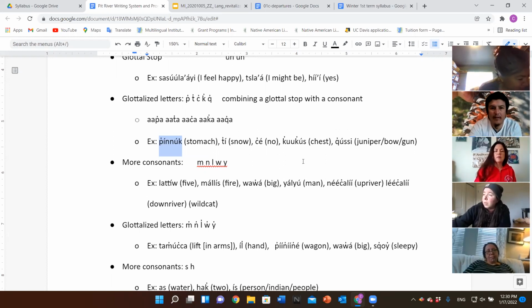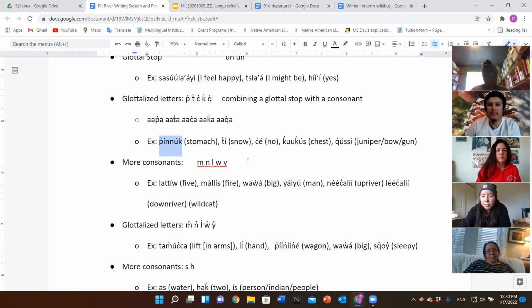Pretty good. Okay. Chris, Inuk. Pinuk. One more time. Pinuk. Okay, pretty good. What helped me was if you just try to do the Inuk, and then put a P on the front of that. Pinuk. Yeah, good, really good.